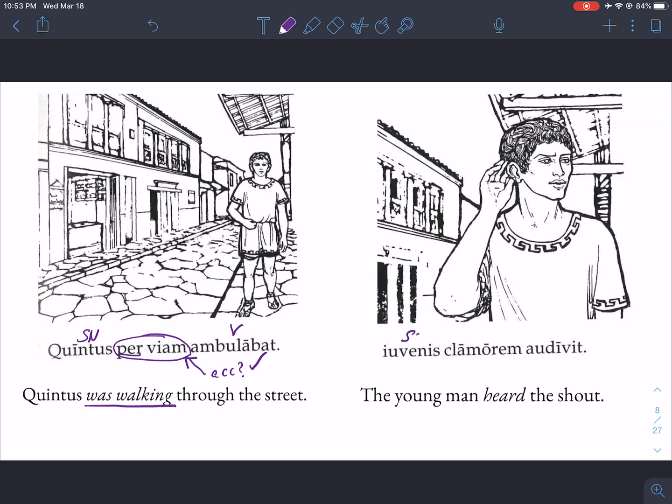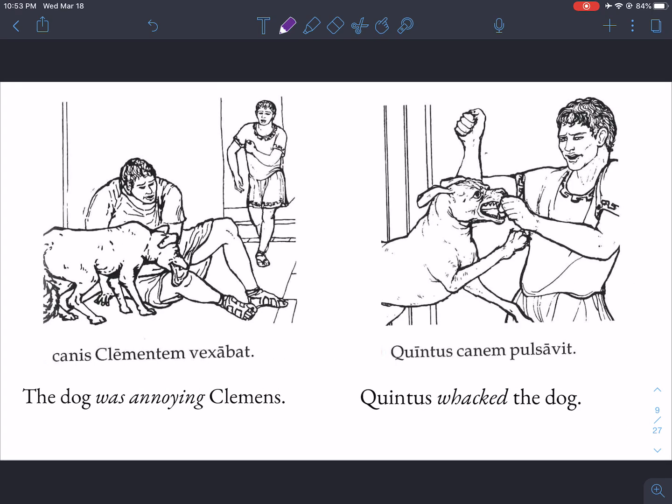All right, the young man heard the shout. Okay, heard. And he saw that the dog was annoying Clemens. Okay, was annoying. Pay attention to that. All right, Quintus whacked the dog.